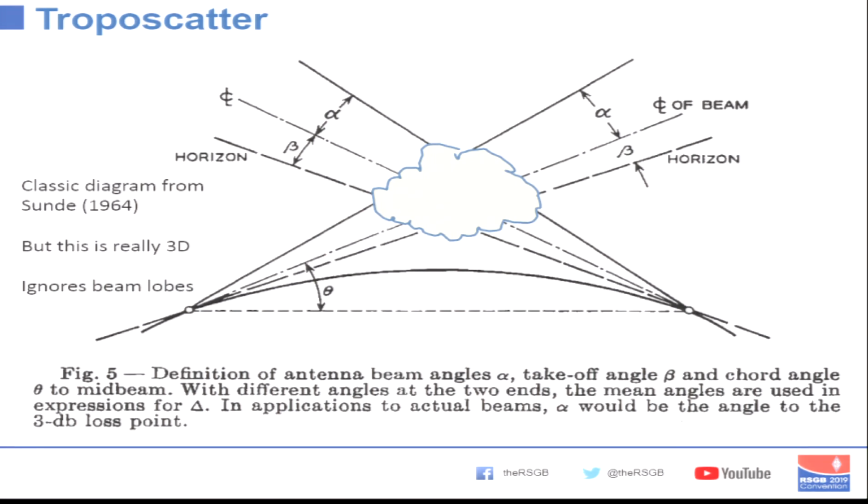If you've got a geometry like this where you've got 2 stations, a few hundred kilometers apart, there's a common volume where both of their antennas are radiating. This here is the horizon line at this end, and the horizon line at the other end. The bottom half is chopped off because where you've got a VHF beam, the first lobe is not pointing horizontally, it's pointing slightly above the horizon.